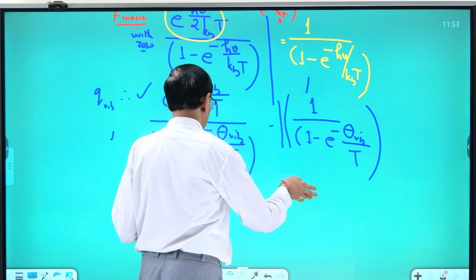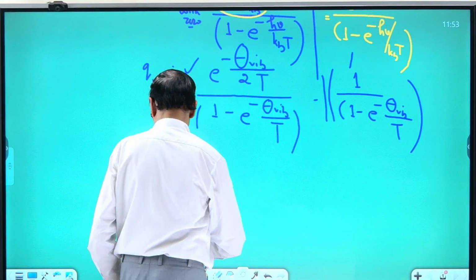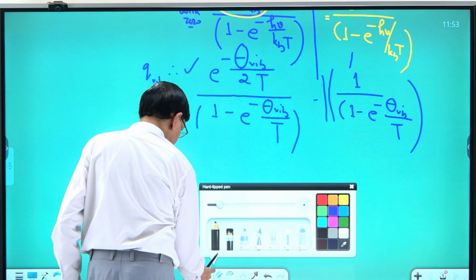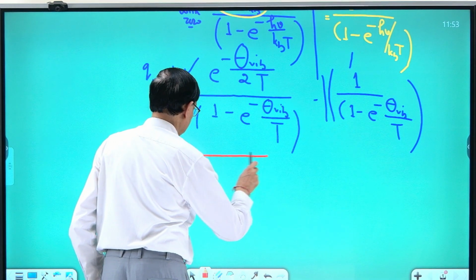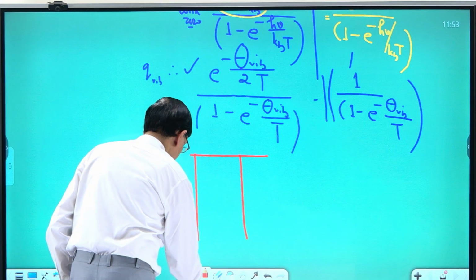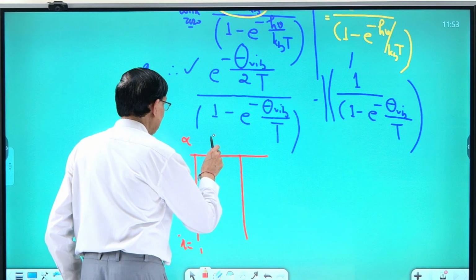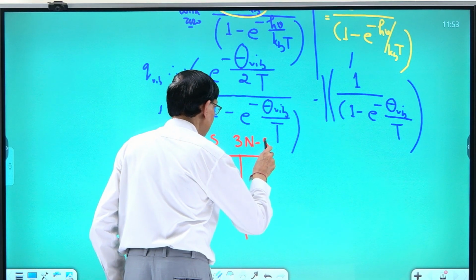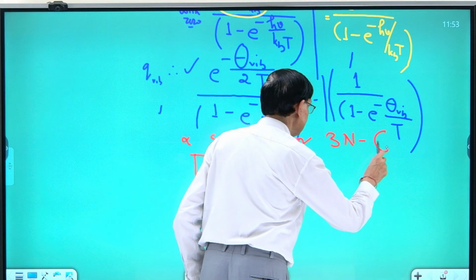if it is polyatomic molecules, then of course I can use these things. If it is polyatomic molecules, it is not a summation but the product, i equal to 1 to s, where s may be 3n minus 5 or 3n minus 6.